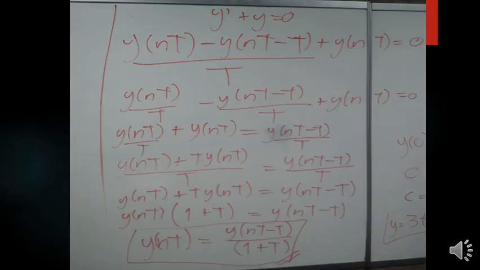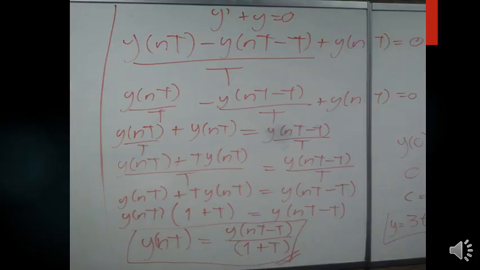Now we change that to (y(t) minus y(t minus t)) over t plus y(t) equals 0. So we have y(t) over t minus y(t minus t) over t plus y(t) equals 0. Then y(t) over t plus y(t) equals y(t minus t) over t, because we're trying to find y(t). So y(t) plus t y(t) over t equals y(t minus t) over t.